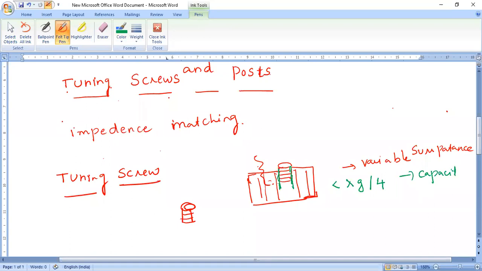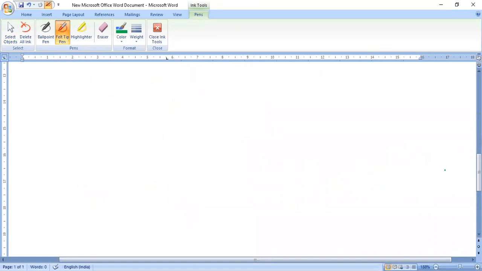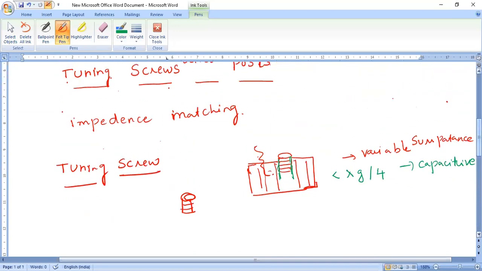If the depth of penetration is greater than lambda g by 4, it gives inductive susceptance.